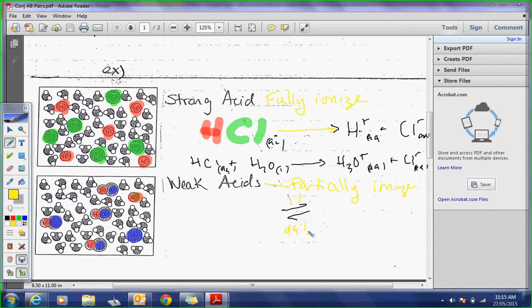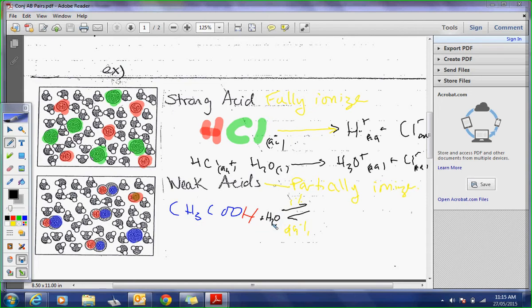And so an example of a weak acid would be ethanoic acid. So here's your H, here's your CH3COO. And plus water, right? In Chem 30 now. And so that becomes H2O.